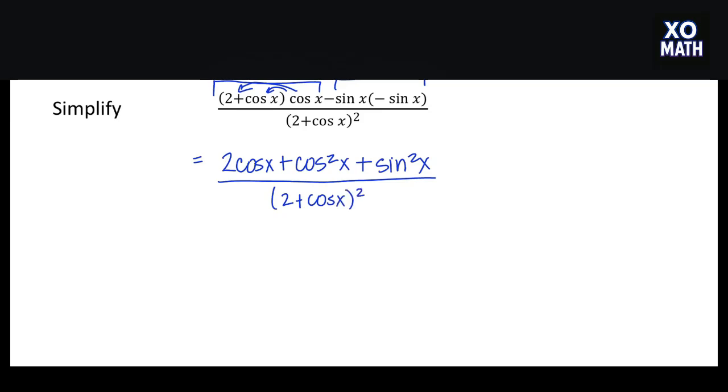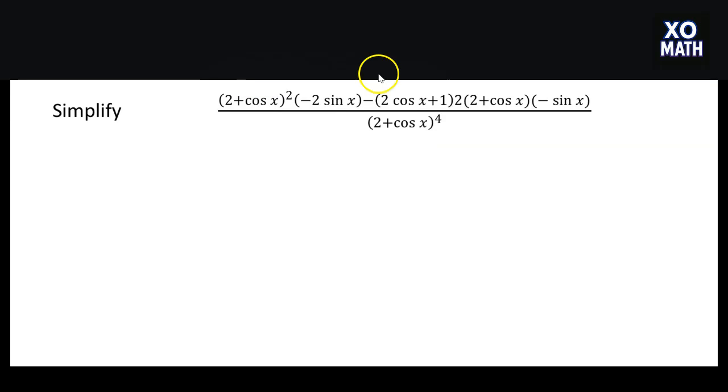Now we hopefully see this nice familiar Pythagorean identity, that cosine squared x plus sine squared x is 1. Meaning the numerator becomes 2 cosine x plus 1, all over the quantity 2 plus cosine x all squared. And from here, there's no further simplification. This is my final answer.